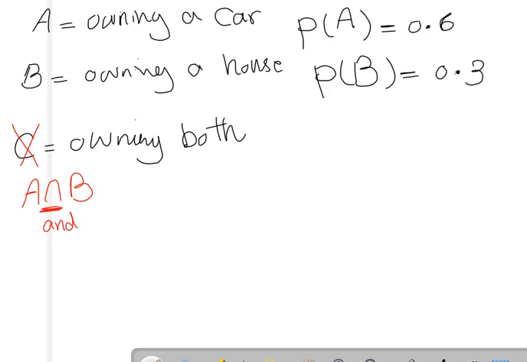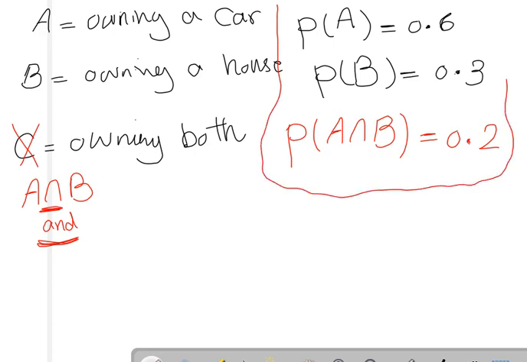Intersection is equivalent to "and". So we have the probability of A intersection B as 20% or 0.2. By using these three values, we are going to solve our problem, our exercise.